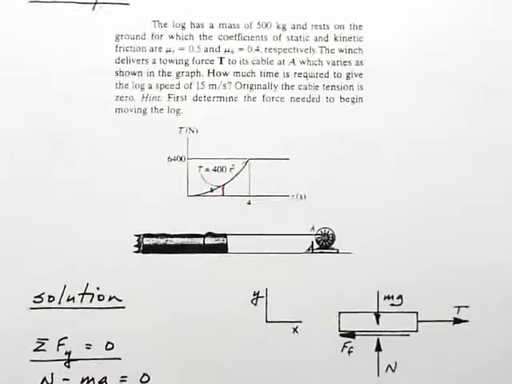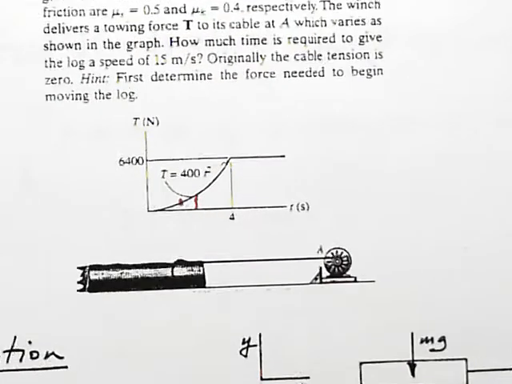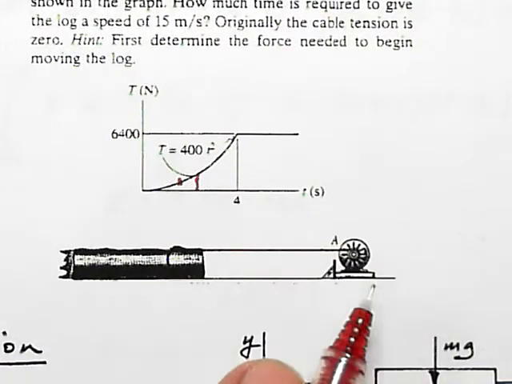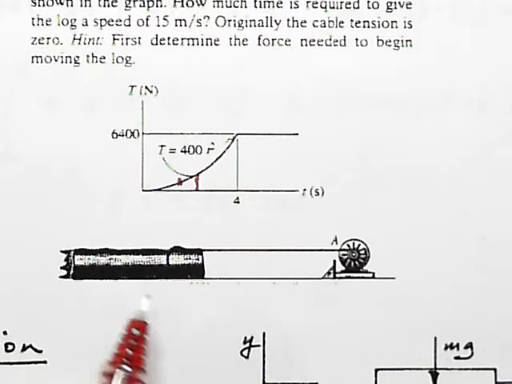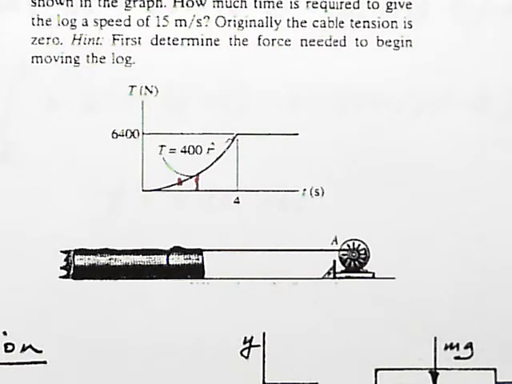Let's zoom in, look at the picture, look at our impulse curve, and look at the words. Okay, what we have is a motor and a log sitting on the ground. This motor is going to put out a certain force as a function of time by spinning the motor.